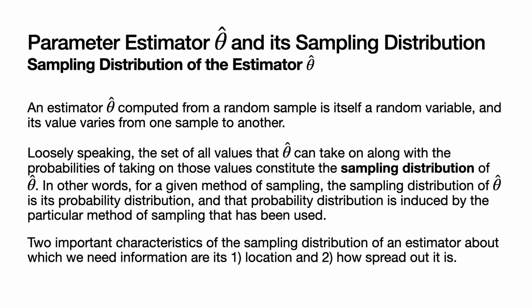In other words, for a given method of sampling, the sampling distribution of theta hat is its probability distribution, and that probability distribution is induced by the particular method of sampling that has been used. Two important characteristics of the sampling distribution of an estimator about which we need information are its location and how spread out it is.